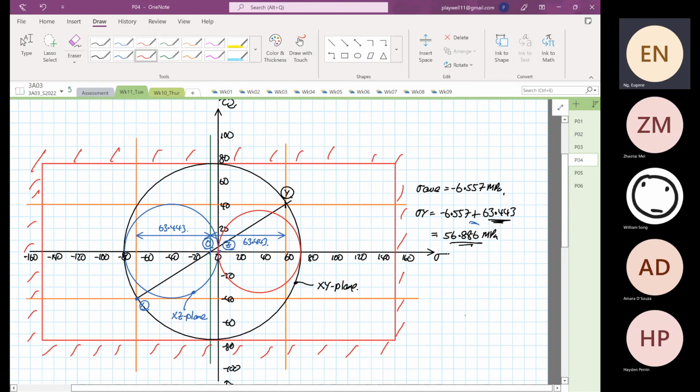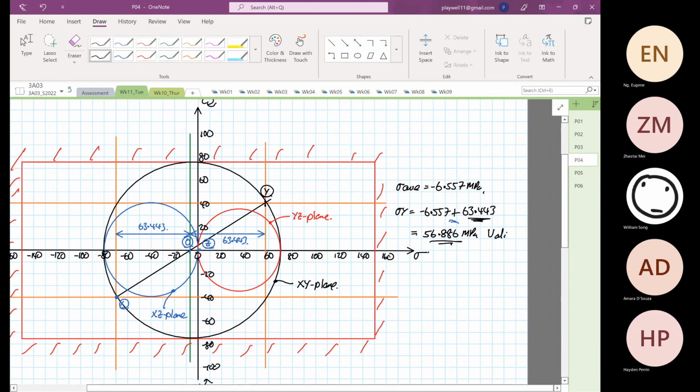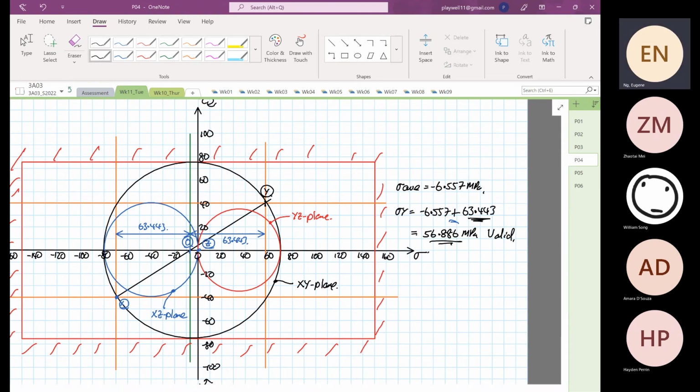So over here, this is your YZ plane. Okay, so this answer over here is valid, right? It's within the what? Within the box, right? That we have constructed. Okay.